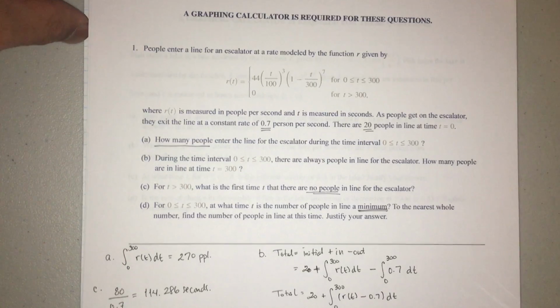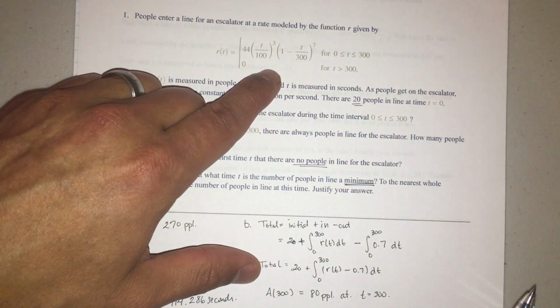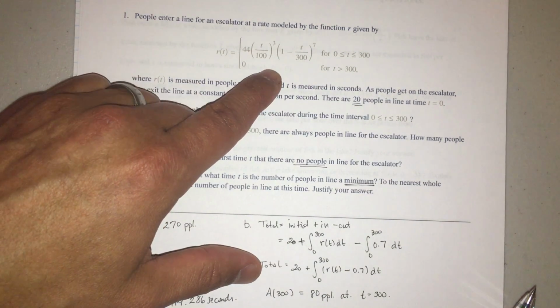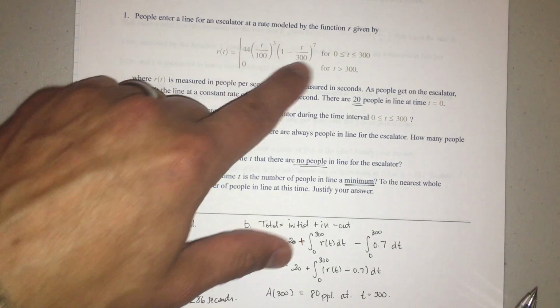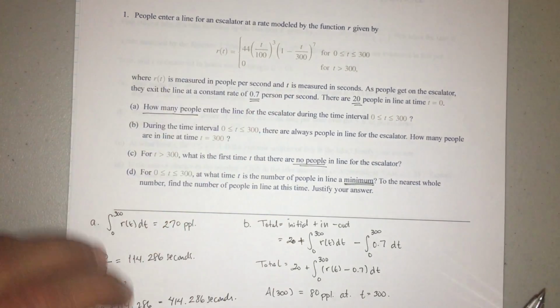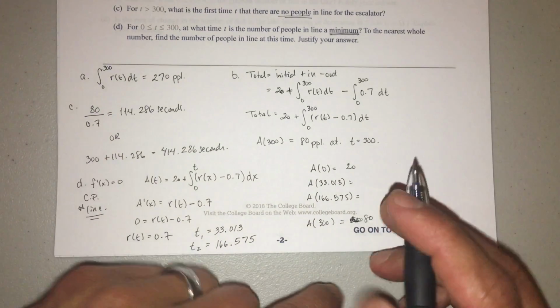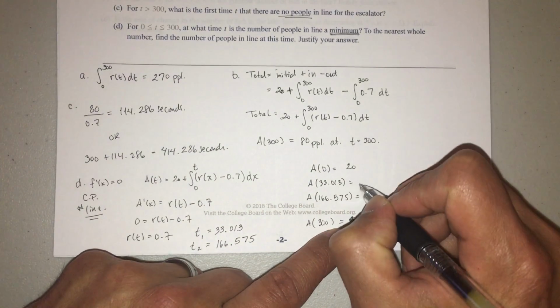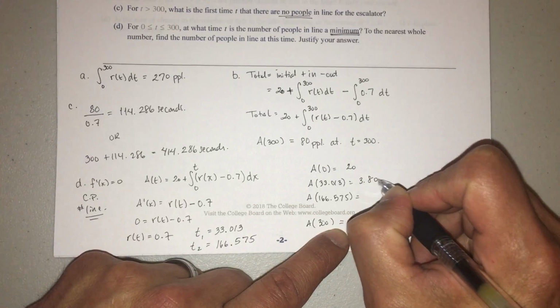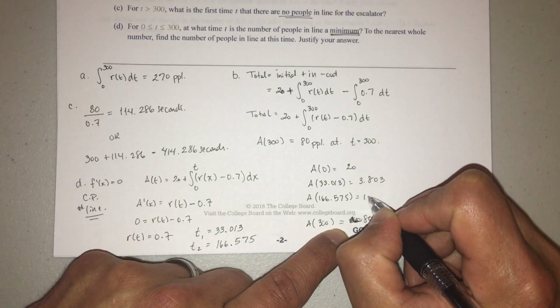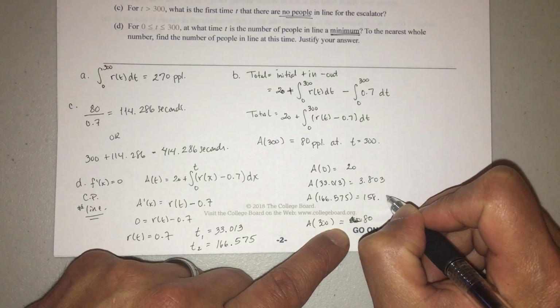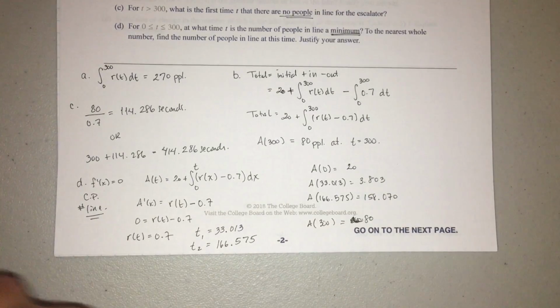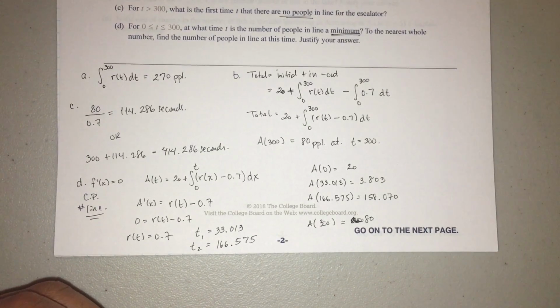The only problem is this function is a little bit weird, but if you want, you can just plug the whole thing in there. Just be careful, and when you get it out, you should get 3.803, and the other one is 158.070. And you got to figure out, does this make reasonable sense? And it seems like it does. If you get something like 575,000, you know something's off.